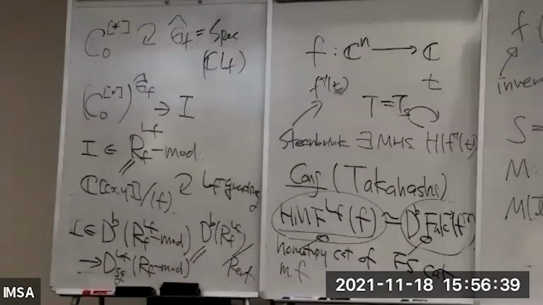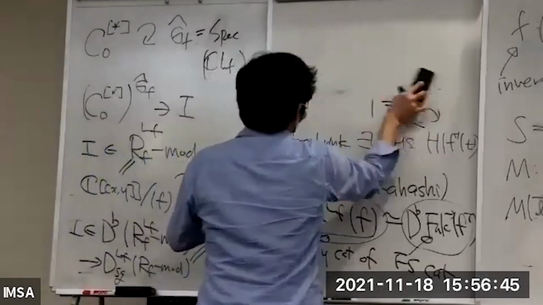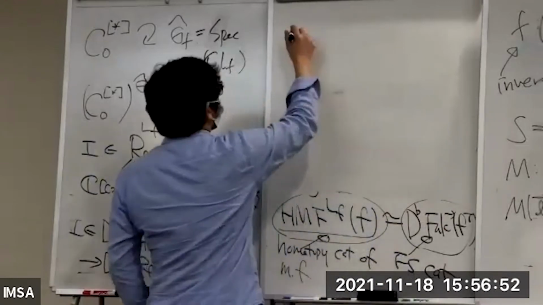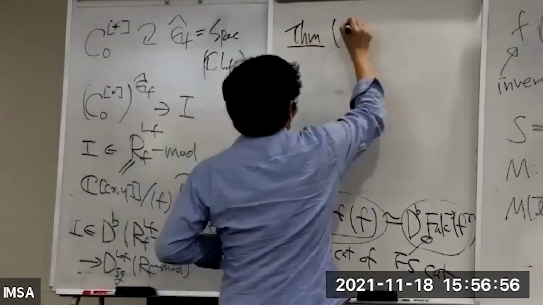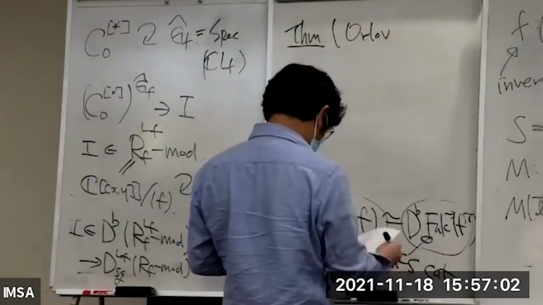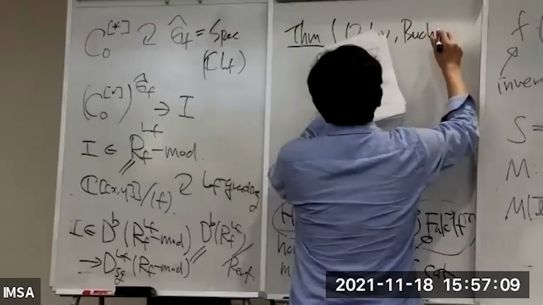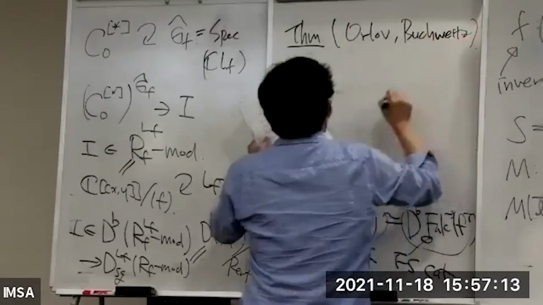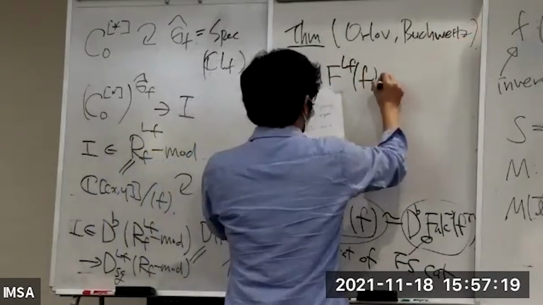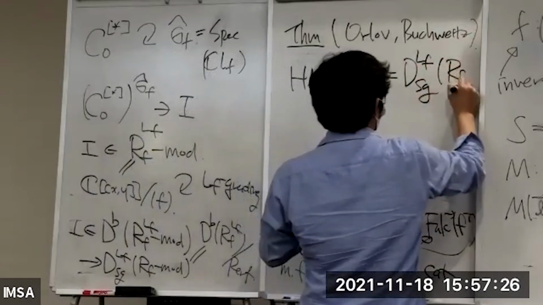So anyway, there's a natural functor from here to here, and by a famous theorem of Orlov and Hilbert, there is a natural equivalence, saying that this category of matrix factorization is equivalent to this graded matrix factorization category.